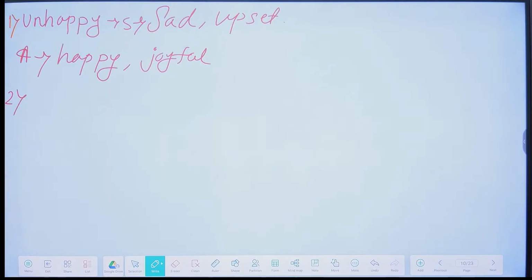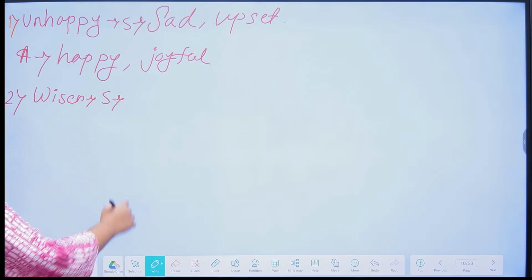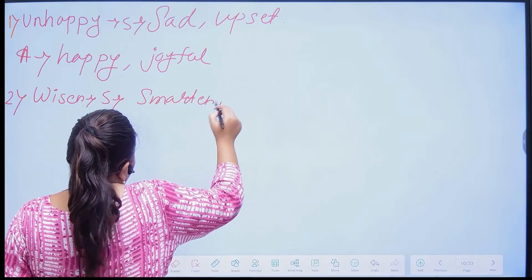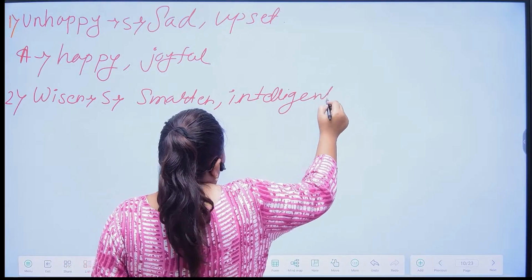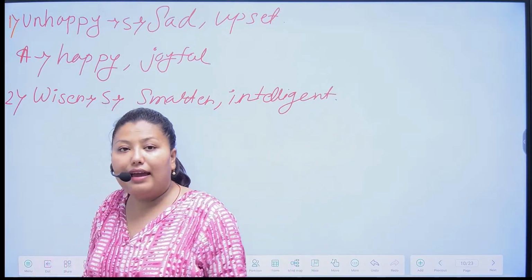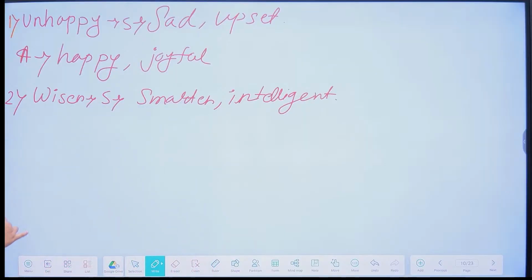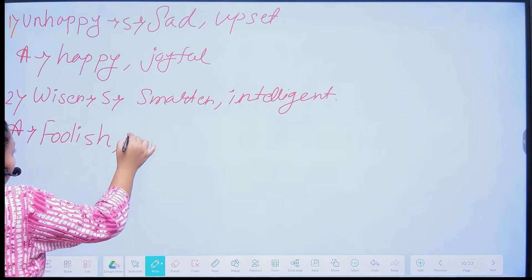Next word is wiser. The synonym of wiser is smarter and intelligent. So wise means someone who is smart and intelligent. And the antonym of wise is foolish and unwise.